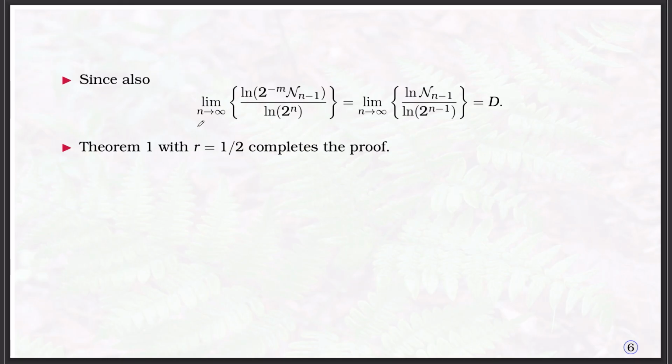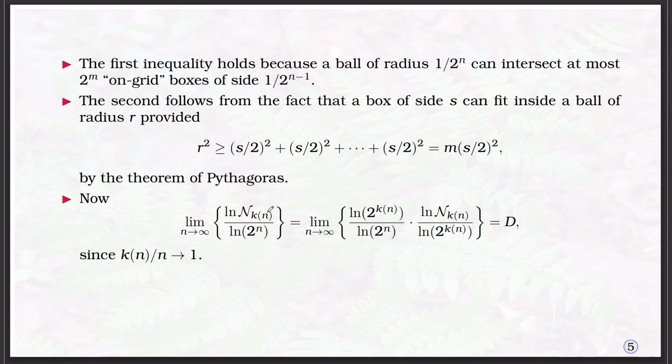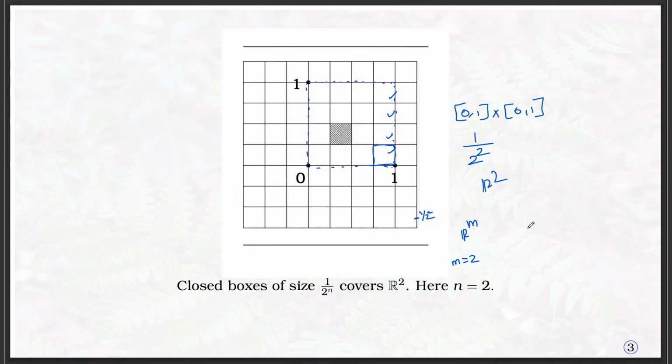Now, from theorem 1 which we discussed in the last class, if you take epsilon n as c r power n, in which you take r equal to 1 by 2, then this theorem comes true, because both sides, this quantity ln N n minus 1 over ln 2 power n minus 1 goes to d, and this quantity ln N k of n over ln 2 power n goes to d.